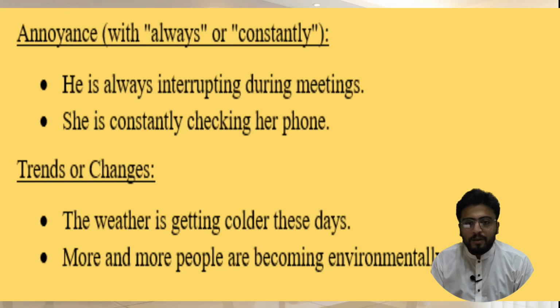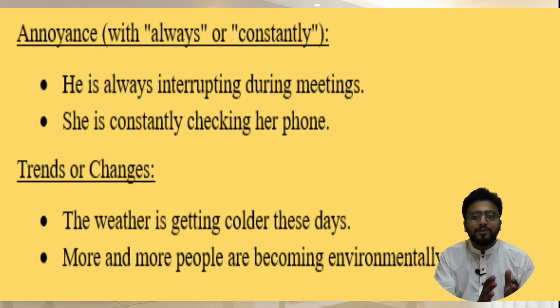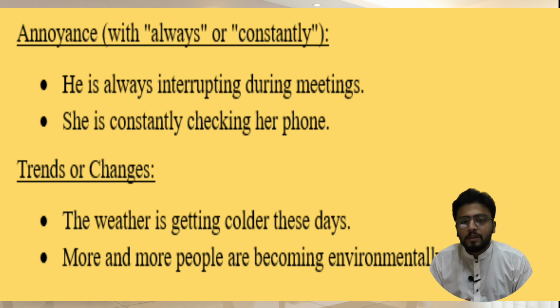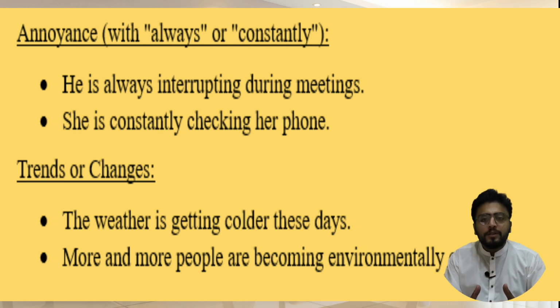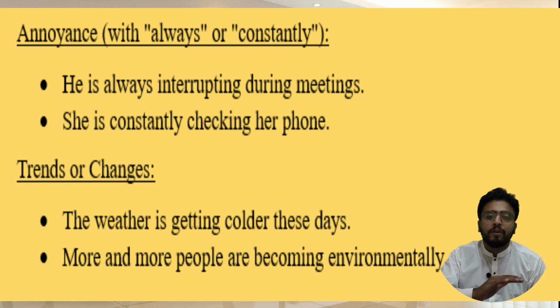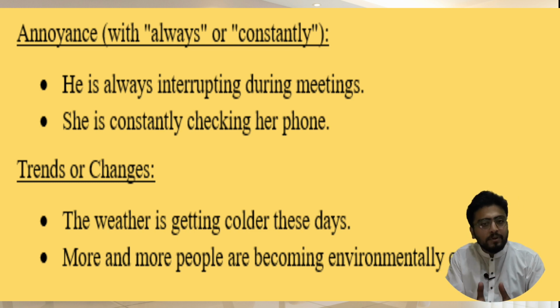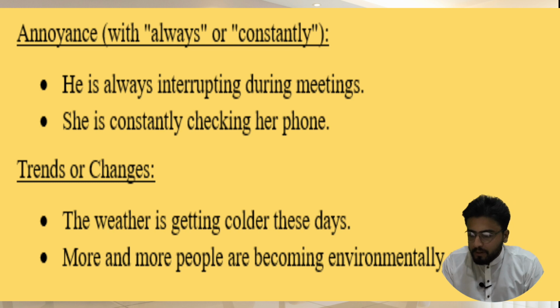Coming next, present continuous tense is used when we need to use always or constantly. When we need to talk about something that happens frequently, or that happens always or every time. Look at the example.